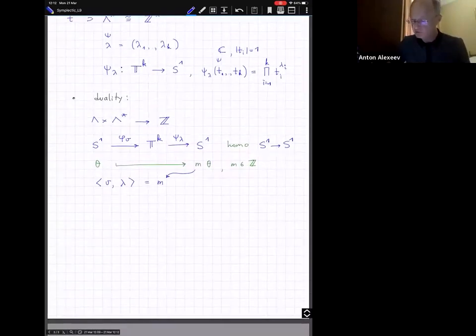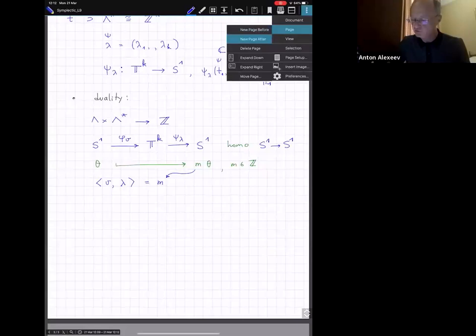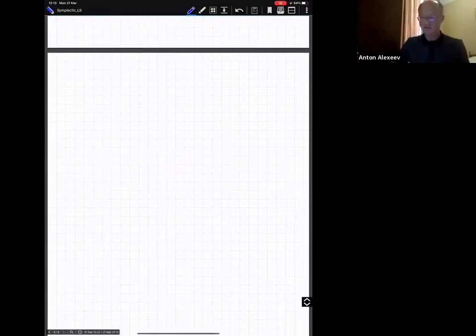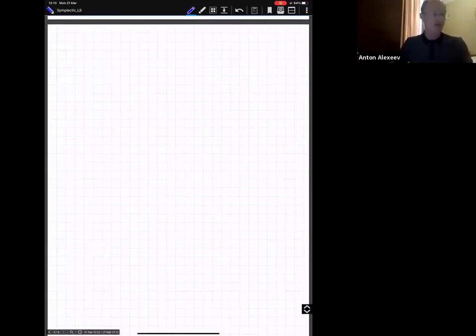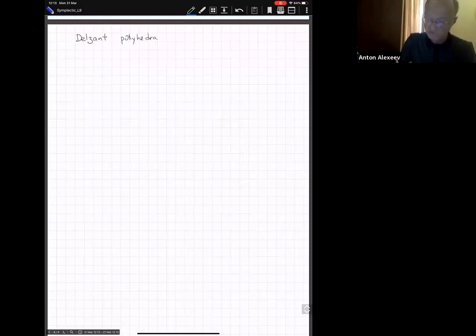I will bug you a little bit more before going into symplectic geometry and reduction. And so this is the theory of polyhedral sets. So what are those gadgets?